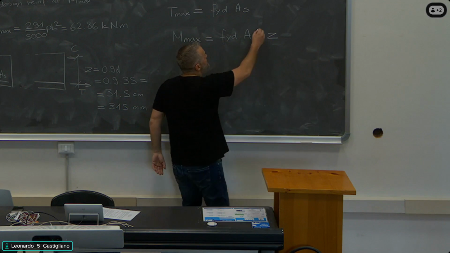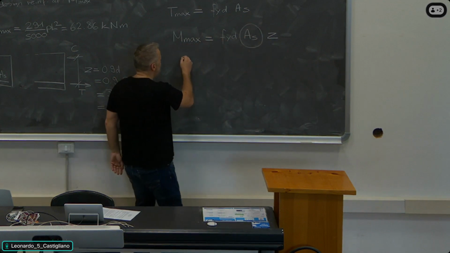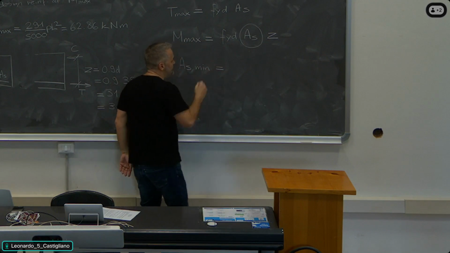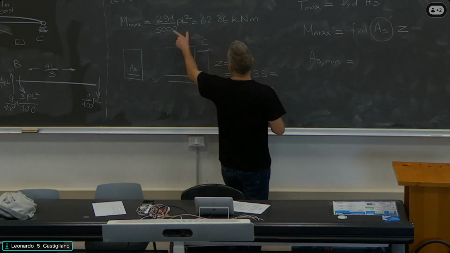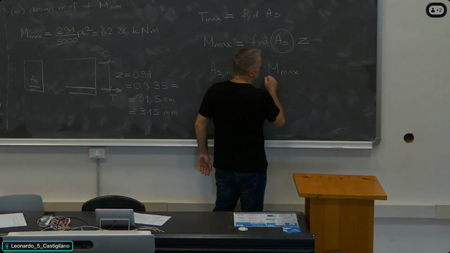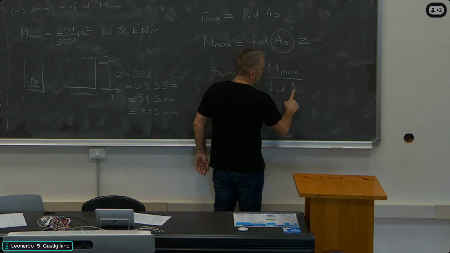The only design parameter is the area of the reinforcement. So AS minimum, again as we did last time, the bare minimum, is M max divided by FYD times Z.